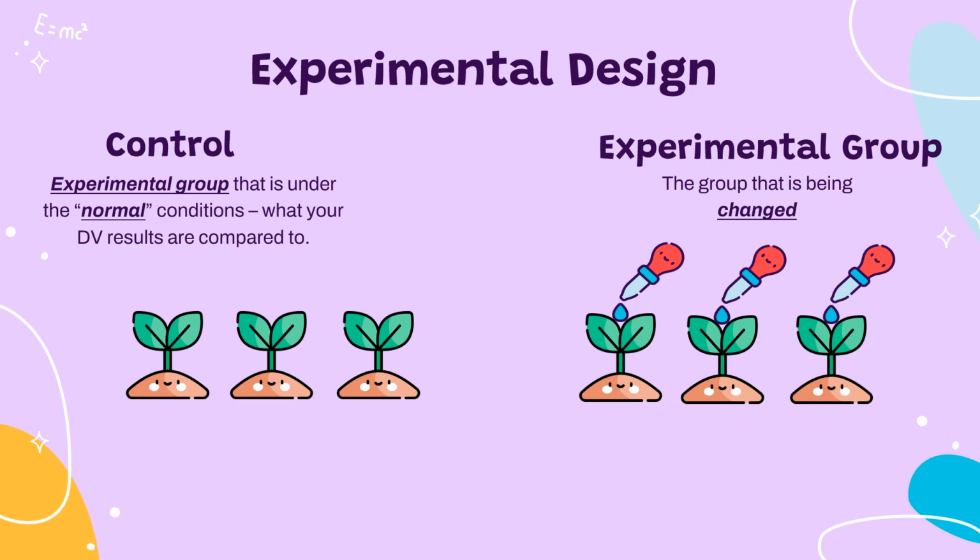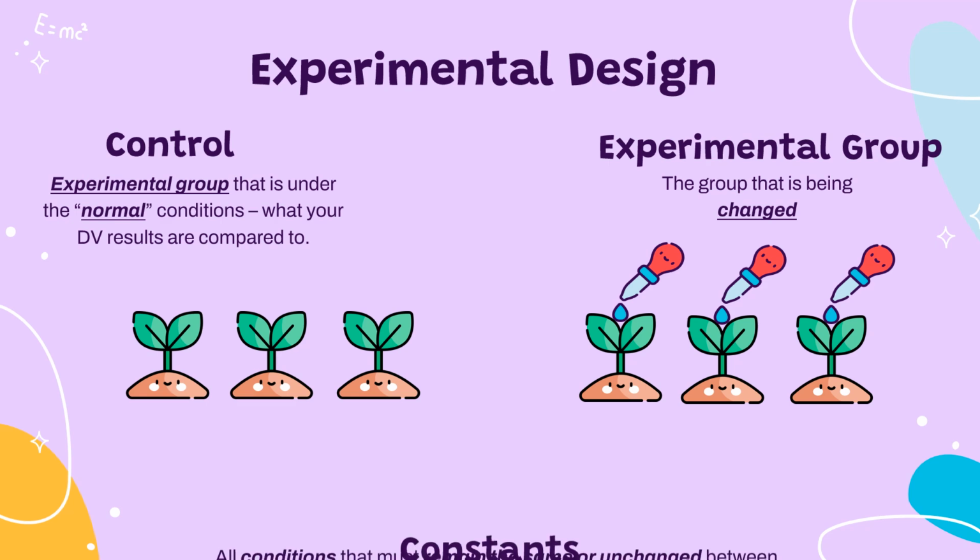For example, the amount of water you give them, the type of soil that they're in, the amount of sunlight they have, the type of plants that they are. That's all going to determine how tall a plant grows. Those are all variables that we want to control for. We want to make sure that those variables are not adding to our results.